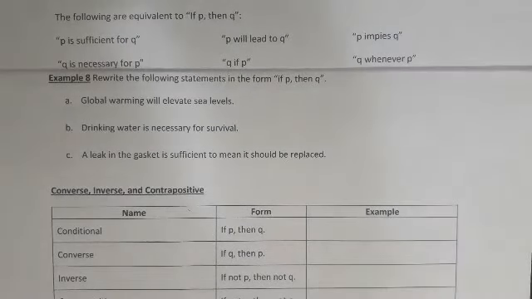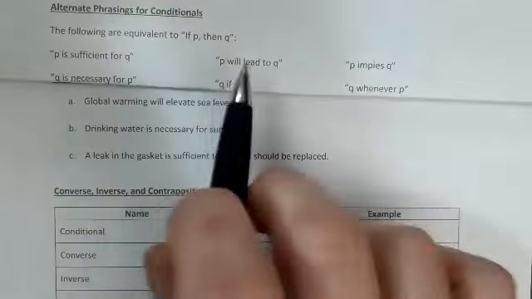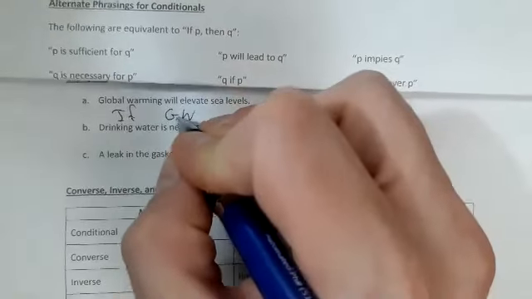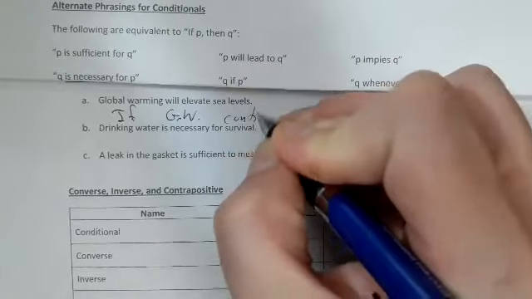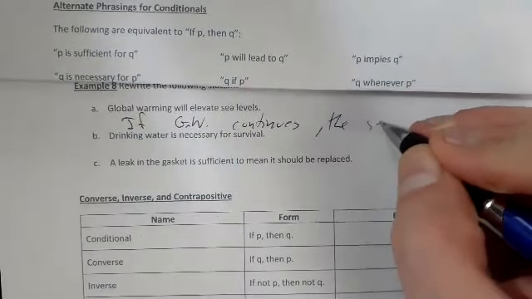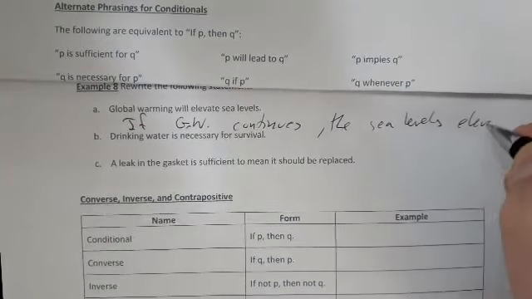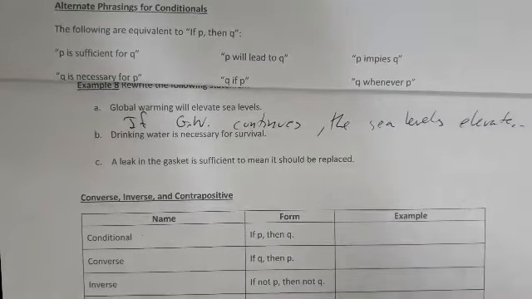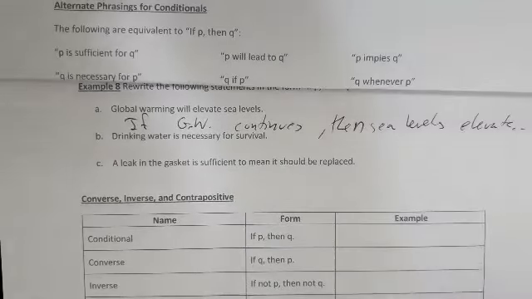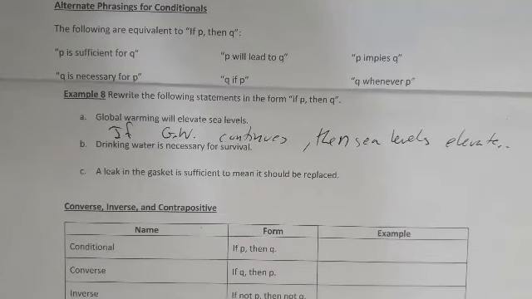We all see this? Okay. So global warming will elevate sea levels. I want to do if P then Q. P will lead to Q is what this looks like. So if global warming continues, then sea levels elevate. If global warming continues, then sea levels elevate, is what that should say.